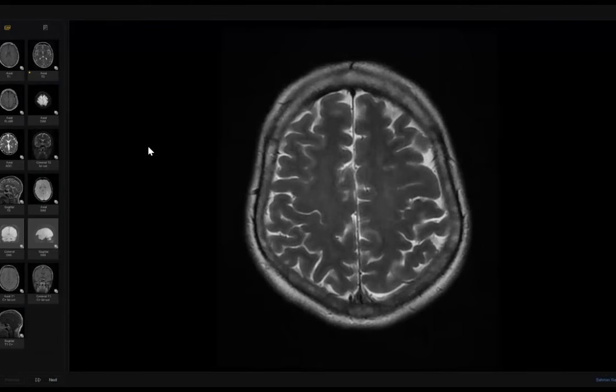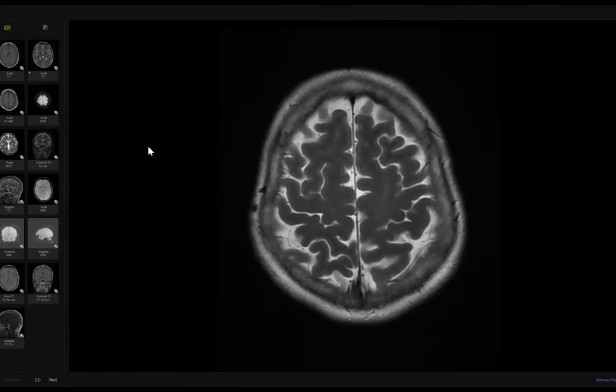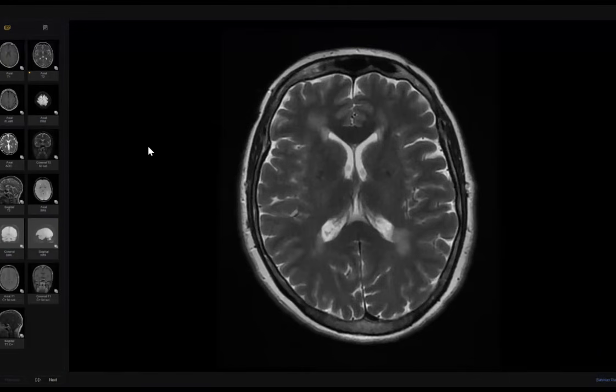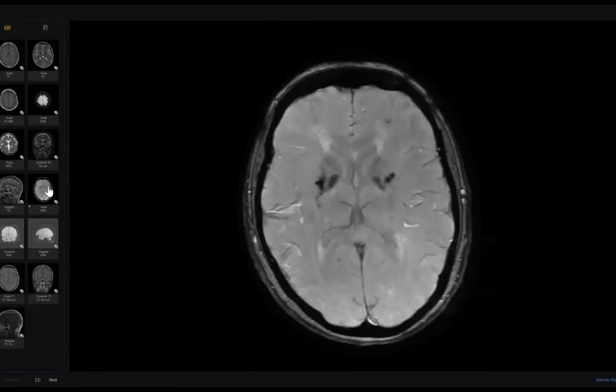I would like to check other sequences. Which sequence? The last sequence that you will request now. Only one. SWI. This is the SWI.